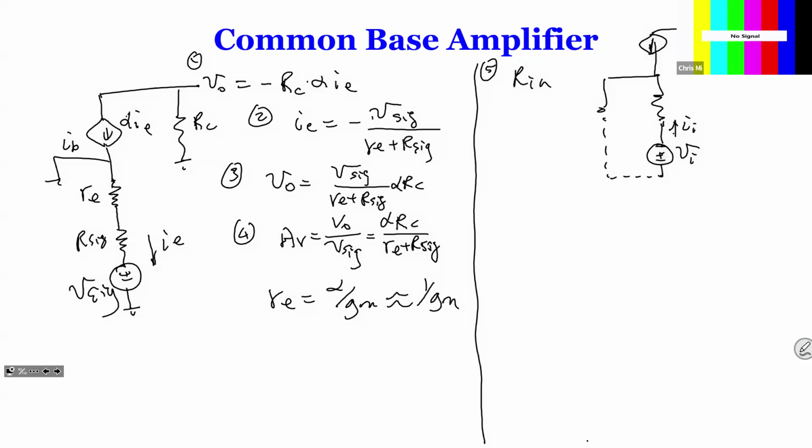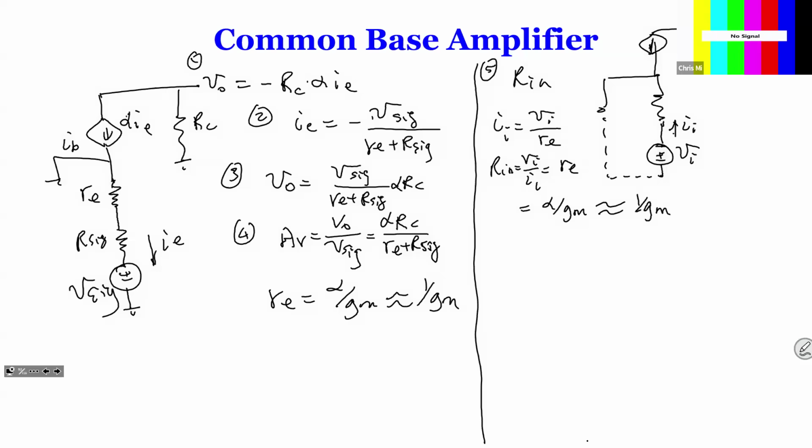So therefore, your II equals VI over RE. So therefore, your RE equals VI over II, which is just RE, which equals alpha over GM.